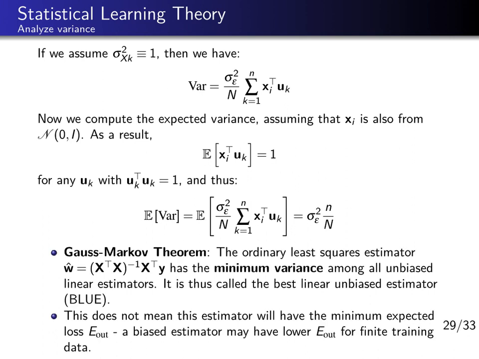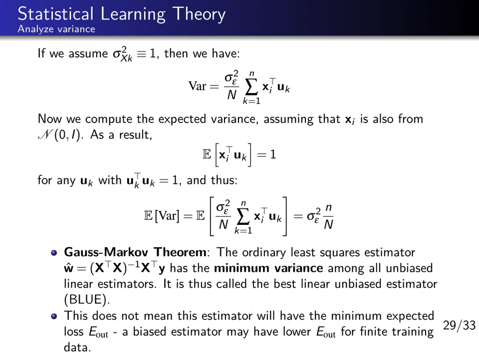It can further be shown that this linear least squares estimator that we have talked about is the estimator that has the smallest possible variance among all unbiased estimators for least squares regression. And because of that, it is called the best linear unbiased estimator, also abbreviated as BLUE.